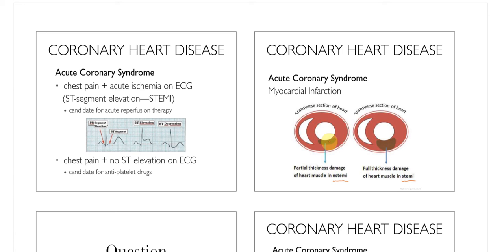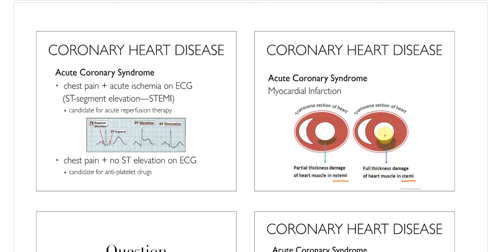These are cells that have died because of a lack of oxygen. There's ischemia, no blood flow, to this section. So they're still on this border of the wall. There's still healthy wall segments to work with. That's why it's not an ST elevated MI. It's only a non-ST elevated MI.